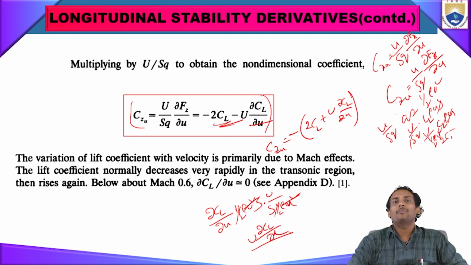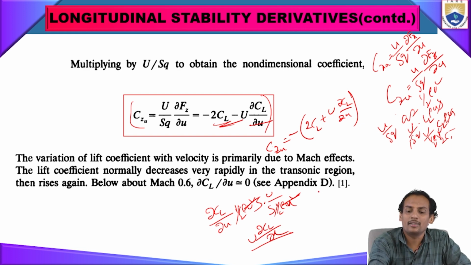The variation of lift coefficient with respect to velocity is primarily due to the Mach effect only. The lift coefficient normally decreases very rapidly in the transonic region, then rises again. So at Mach number 0.6, dou CL by dou u, that means the rate of change of lift with respect to u, will be identically 0.